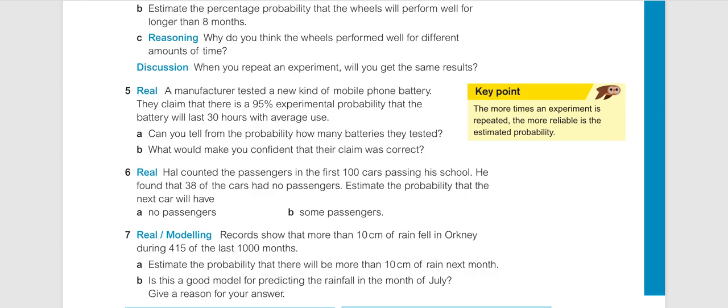I am asking, what can you say by looking at the probability given there, about how many batteries were tested for this purpose?